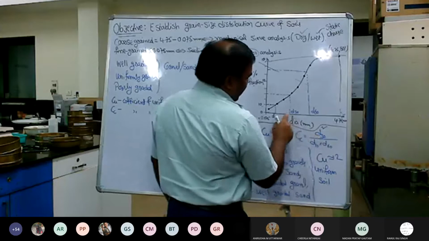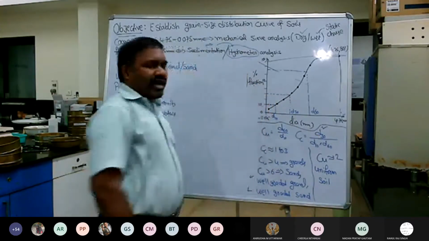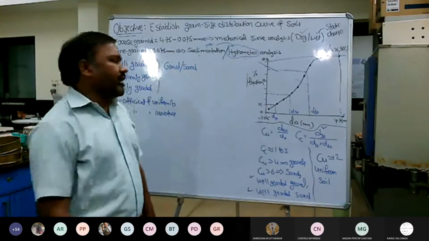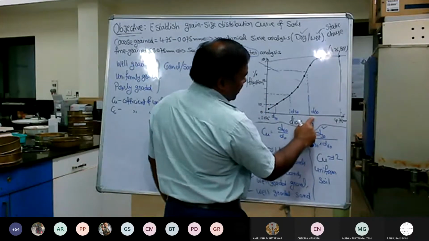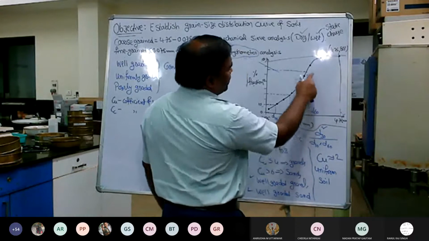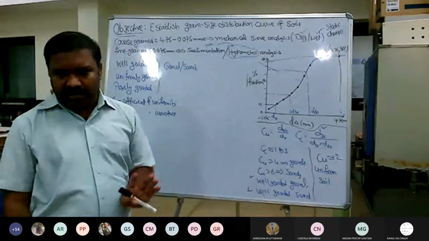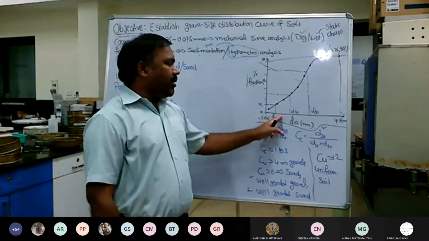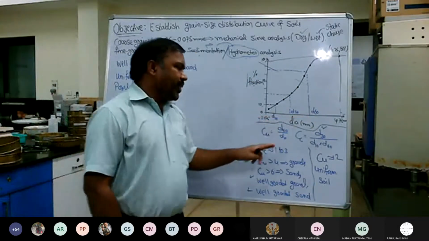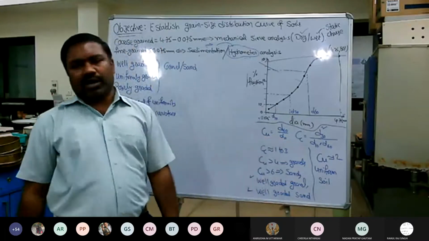Similarly, D30 is the diameter corresponding to 30% finer, and D60 is the diameter corresponding to 60% finer. These are the three parameters used to define coefficient of uniformity and coefficient of curvature.